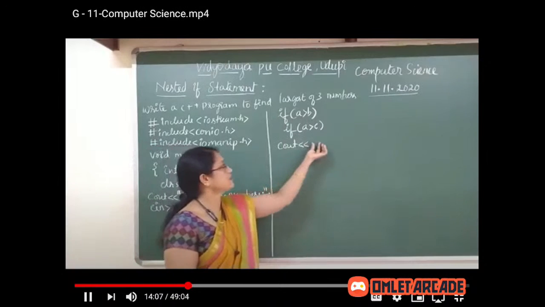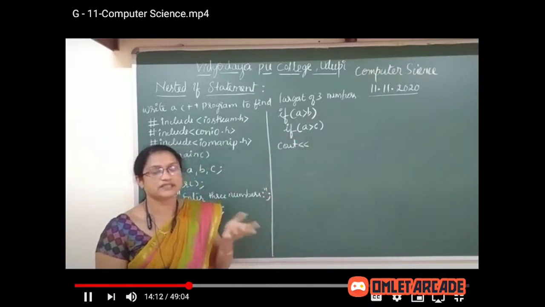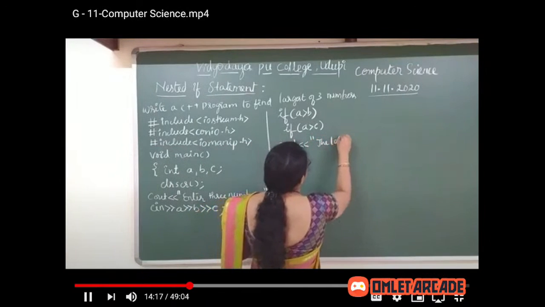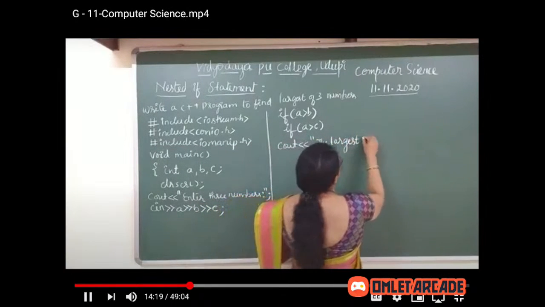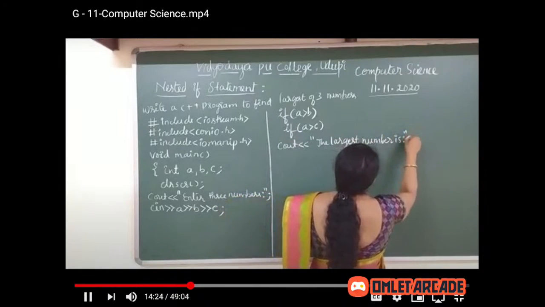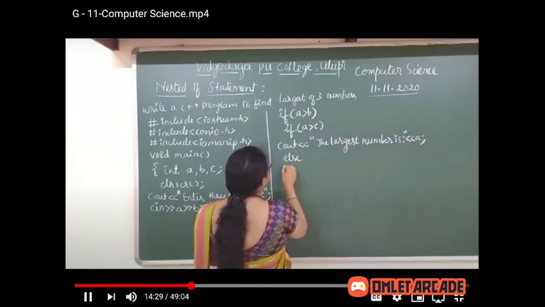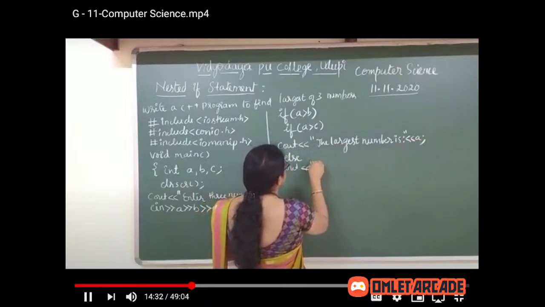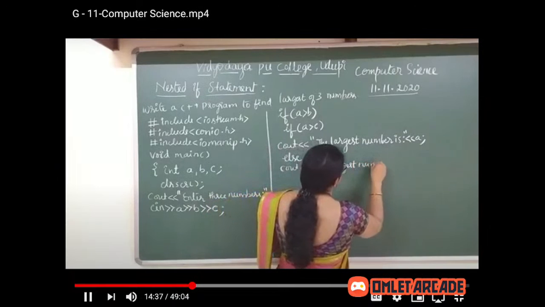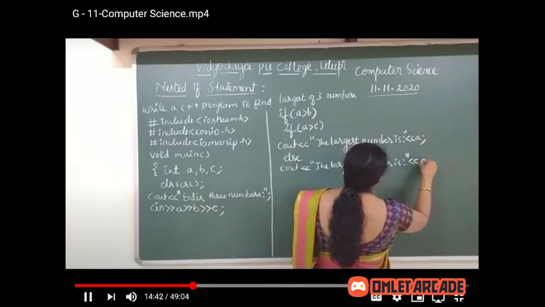Otherwise you can write the variable here to print the value. So cout, our largest number is a. Else cout, the largest number is c.